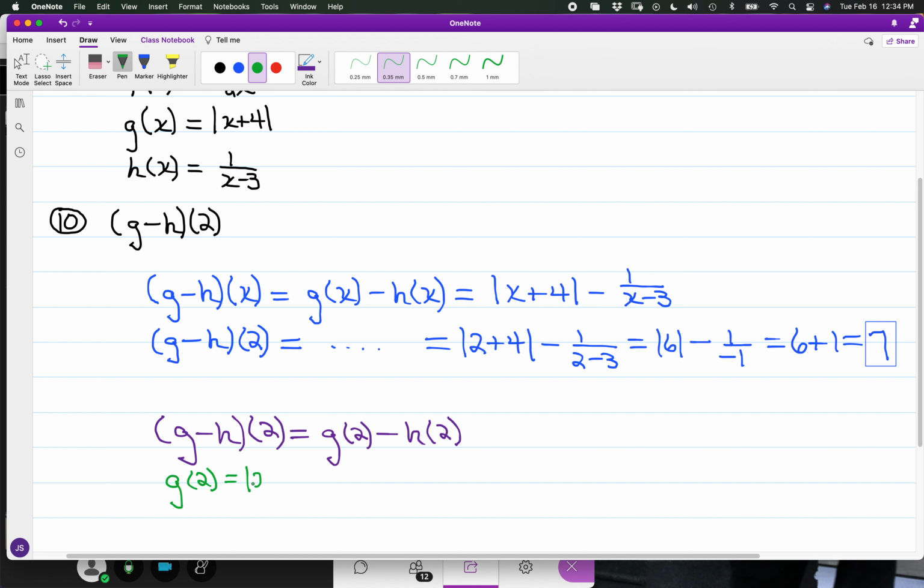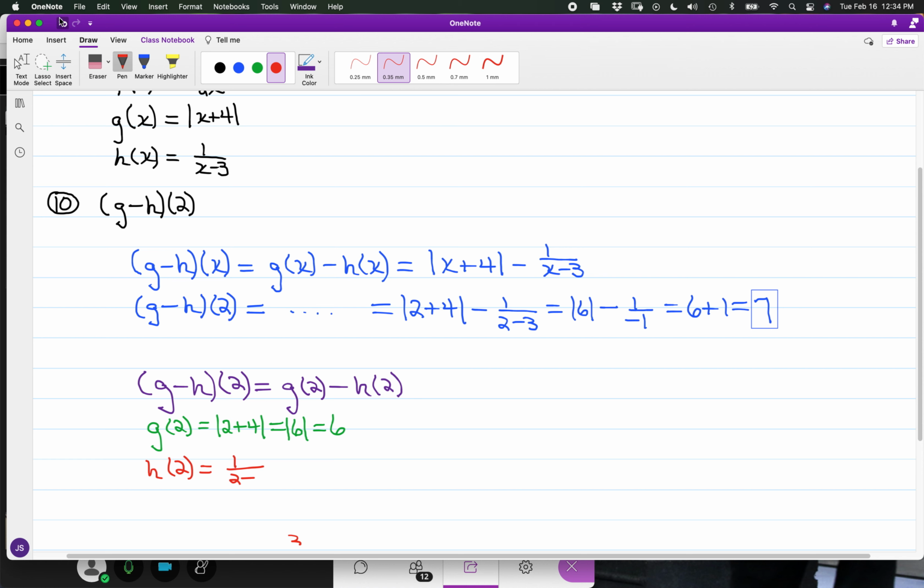So g of 2 is going to be the absolute value of 2 plus 4, which in this case is the absolute value of 6, which will come out to 6. And as for what we have in the case of h of 2, in accordance with h of x, which we have as 1 over x minus 3, h of 2, we have 1 over 2 minus 3. So 1 over negative 1, so this will go to negative 1.